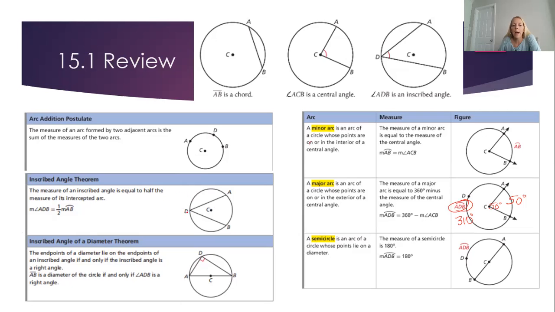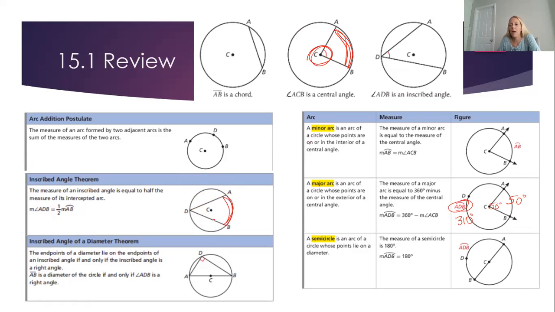Here we have an inscribed angle. So we've already learned that a central angle is equal to its arc. So these are equal. The arc measure and the central angle are equal. What about an inscribed angle? The relationship between an inscribed angle and its arc is half.